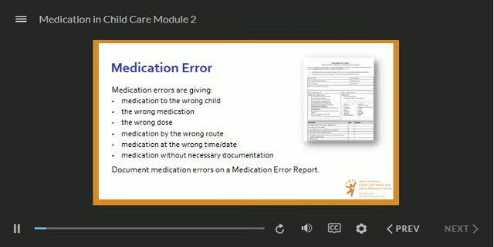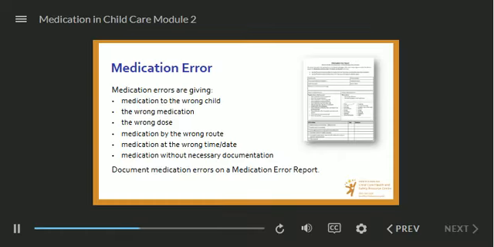Medication errors occur when one of the 6 rights go wrong, including giving medication to the wrong child, giving the wrong medication to a child, giving the wrong dose, giving medication by the wrong route, giving medication at the wrong time or date, and giving medication without necessary documentation.